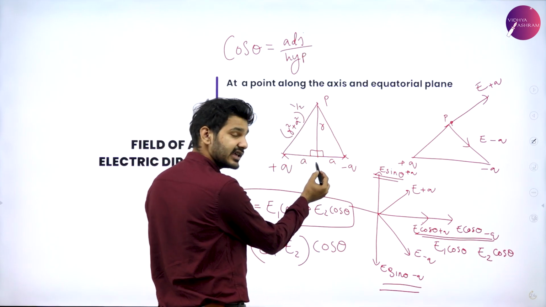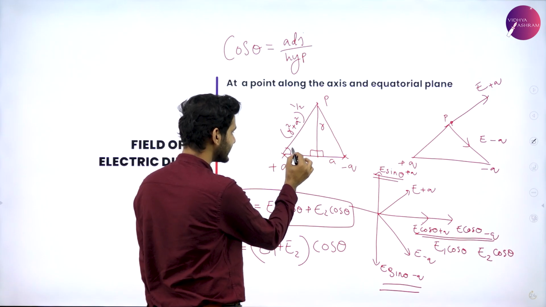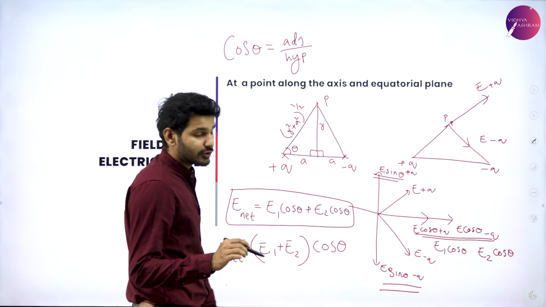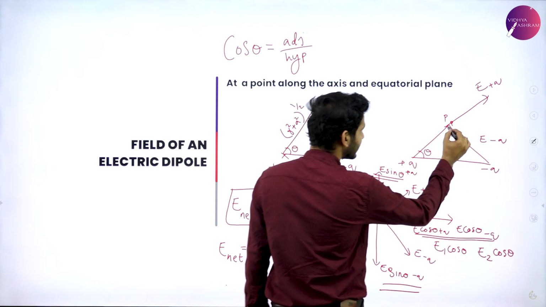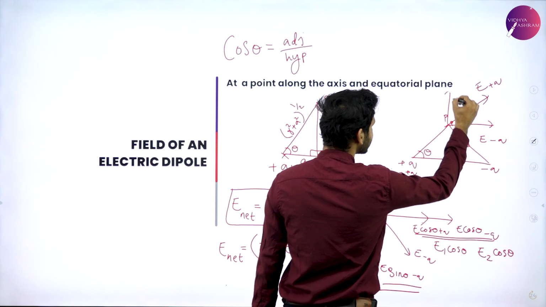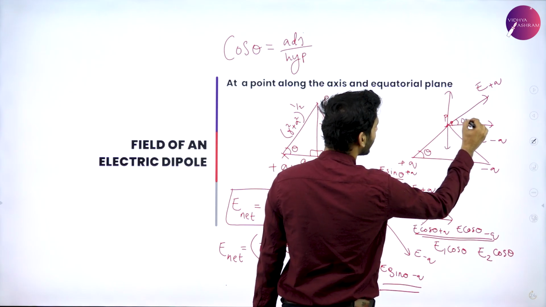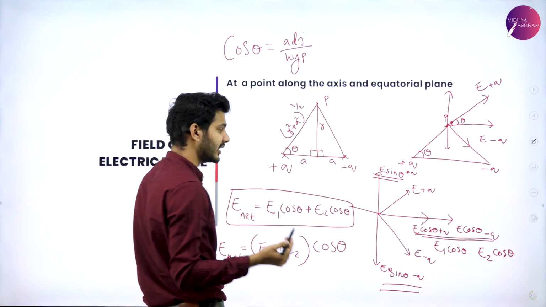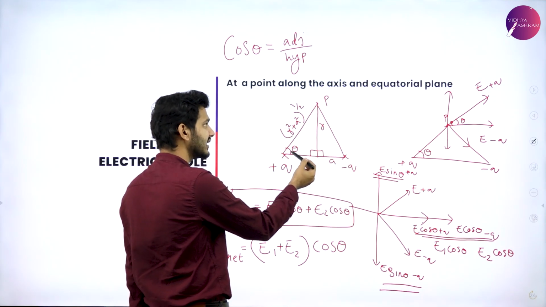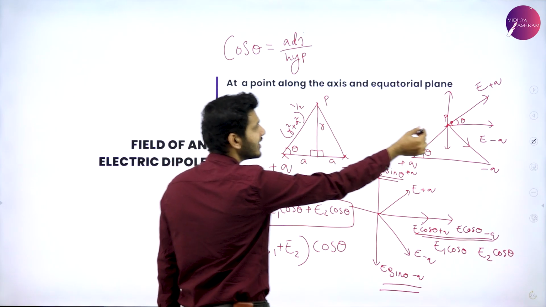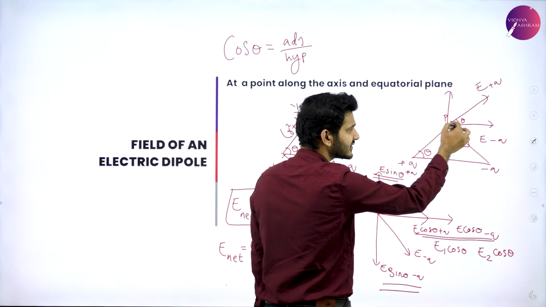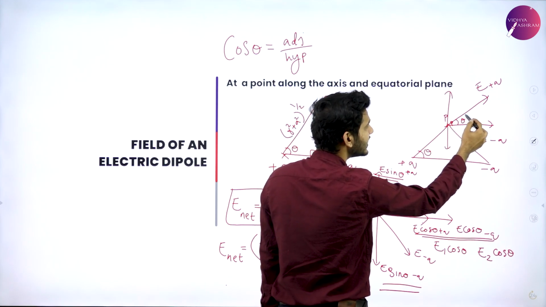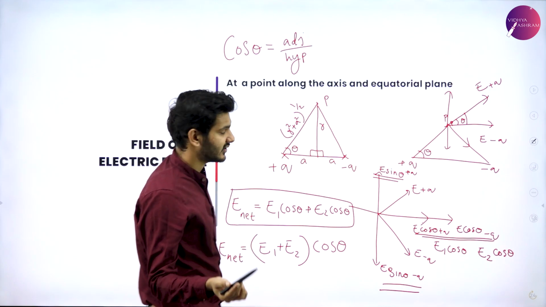The adjacent side is simply A, if this is theta. One more thing to bear in mind is that this angle will also be theta. These two angles will be the same, so you don't have any confusion about where cos theta came from. If this angle is theta, the electric field will be in this direction, and when we resolve it into its y component and x component, then theta will be here.